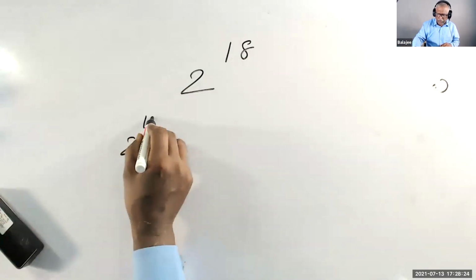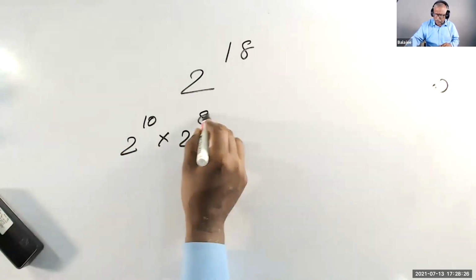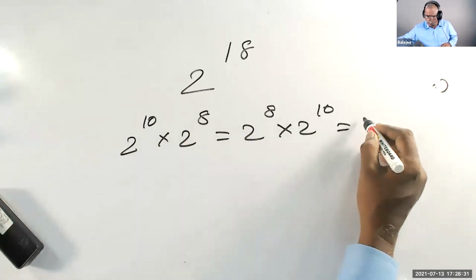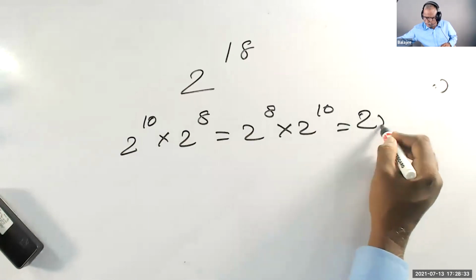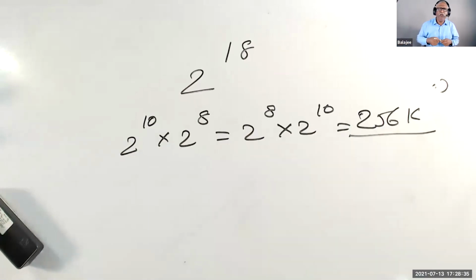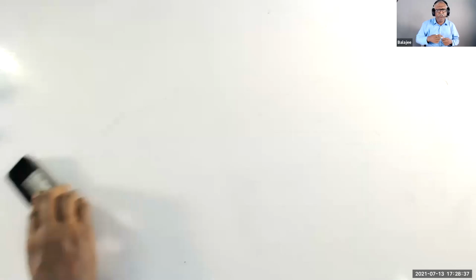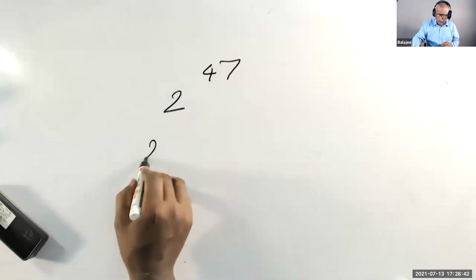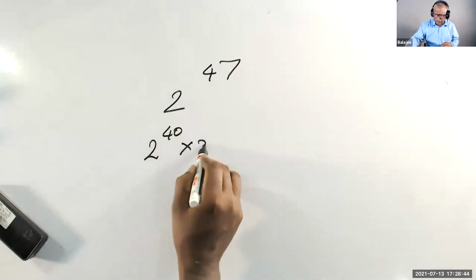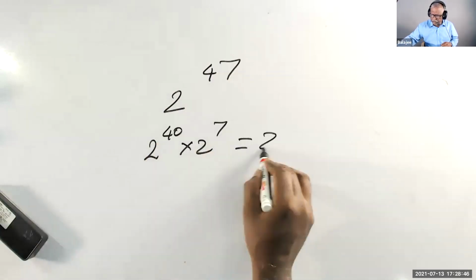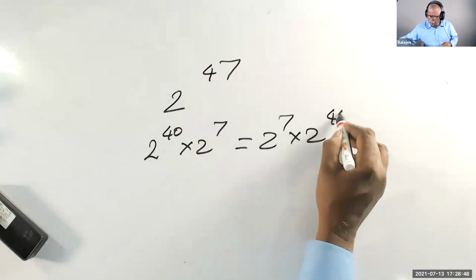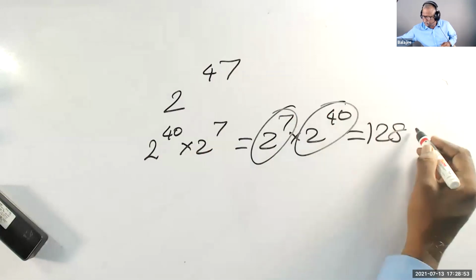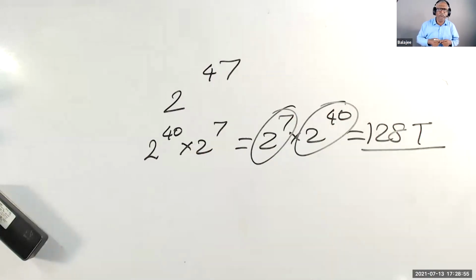Now if I say 2 power 18, how much? 2 power 10 multiplied by 2 power 8 is equal to 2 power 8 multiplied by 2 power 10, which is 256K. Any number, let's say 2 power 47. So easy. 2 power 40 multiplied by 2 power 7 is 2 power 7 multiplied by 2 power 40. 2 power 7 is 128 and 2 power 40 is tera, so 128 tera.